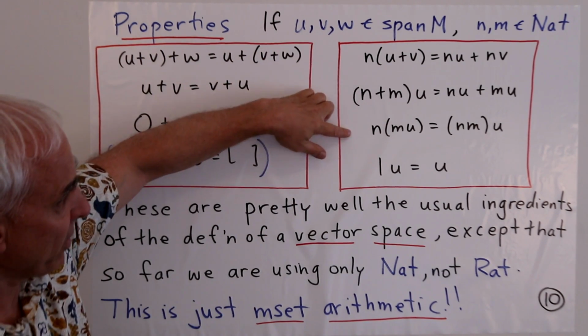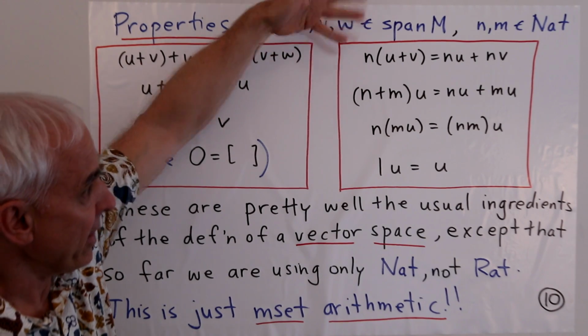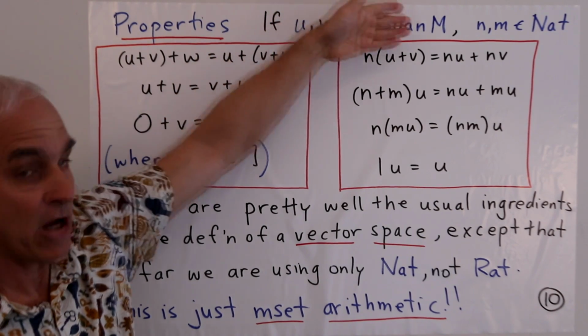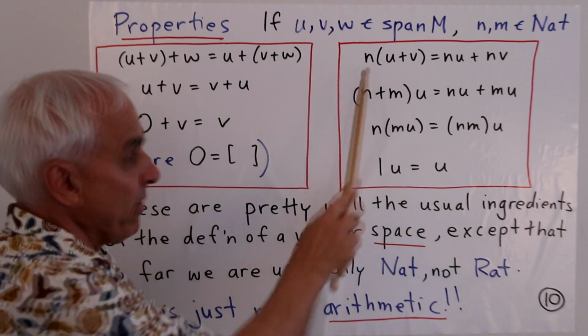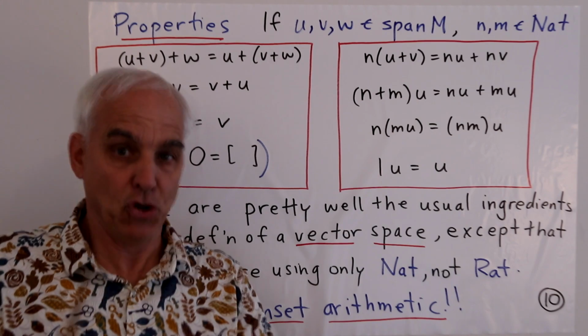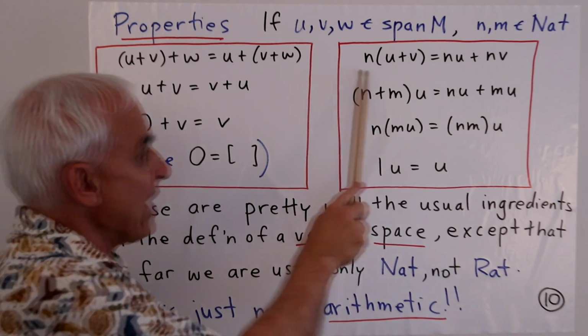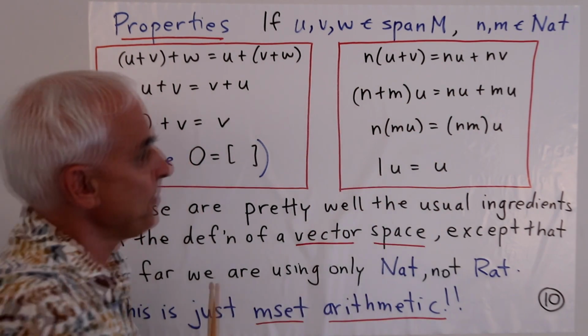These properties have to do with multiplying an mset by a natural number. So if we have U and V in our msets, and we take their sum and then we multiply by n, like 2 or 3, then we get nU + nV.